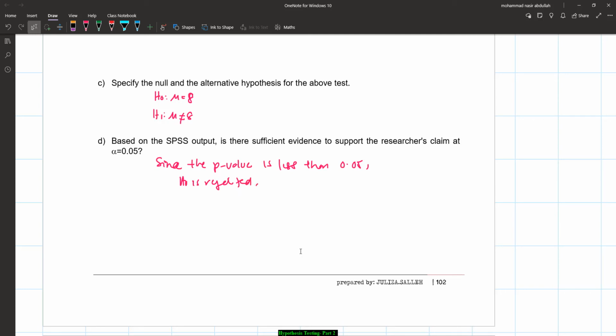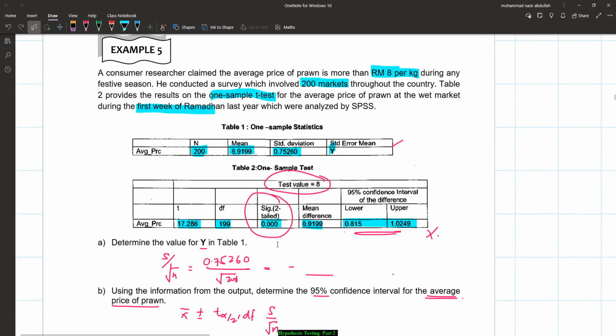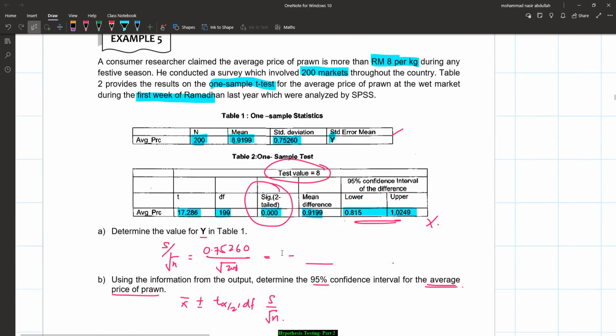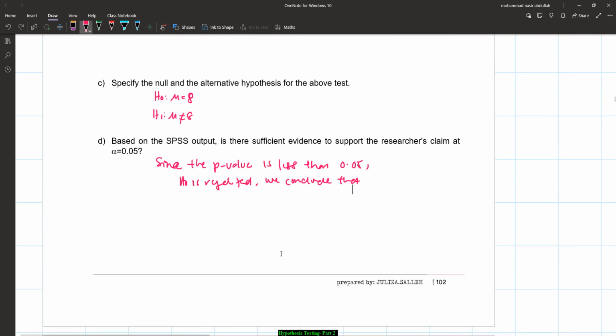So we conclude that the average price of prawn is not equal to 8 ringgit.